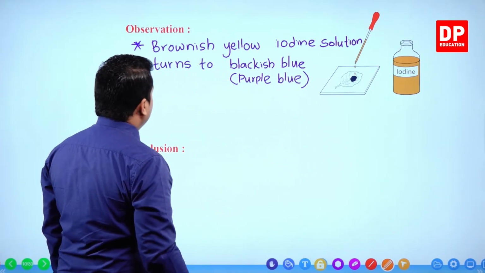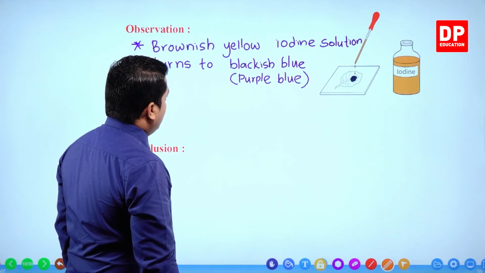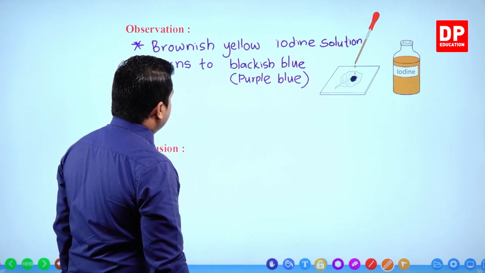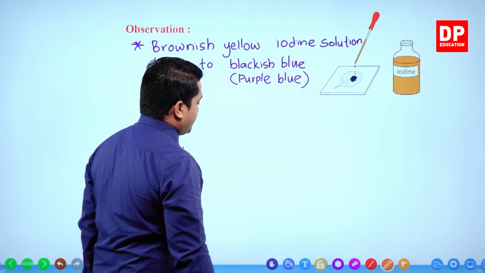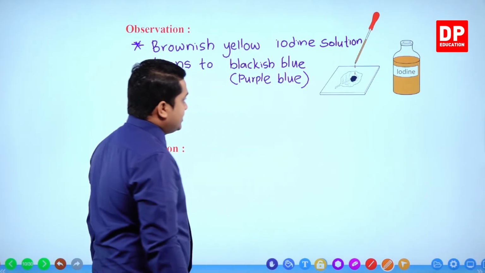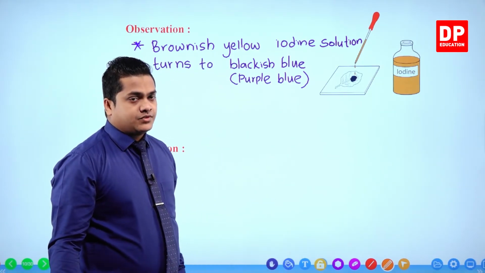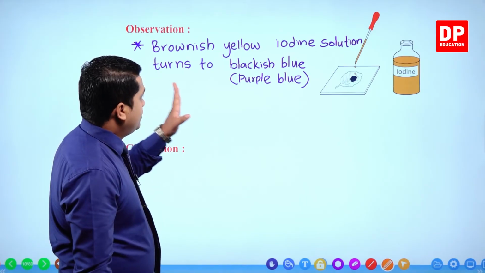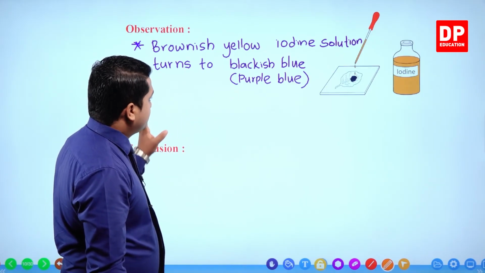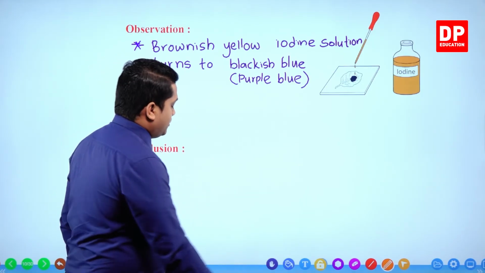Right? So brownish yellow iodine solution turns to blackish blue. Okay, so this is our observation. Brownish yellow iodine solution turns to blackish blue or purple blue.